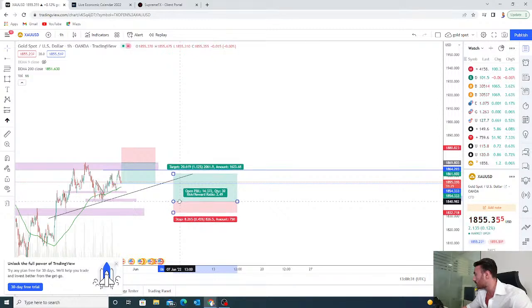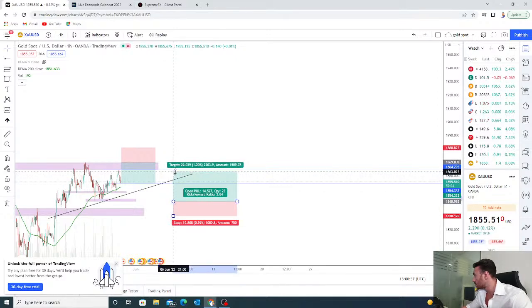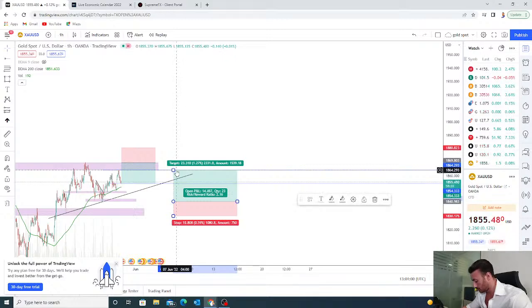So I want to take this to around 40 to buy, and I want my stop loss to be a little below 30, and my targets, my first target would be this level here where you can see resistance.